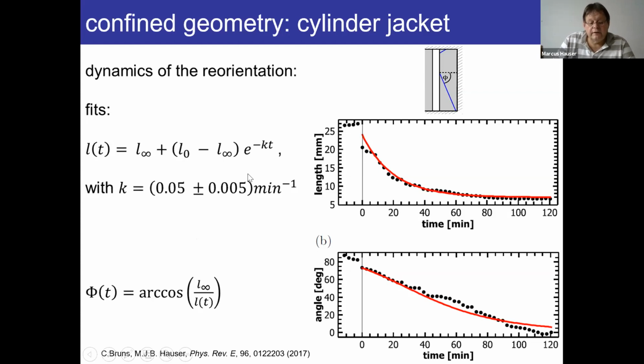And we can fit this linearly with an exponential function and determine the constants. And we also have measured this angle and can fit it simply by a geometrical argument, and it fits reasonably well, given the accuracy of the reconstruction of the filament in the experimental data.